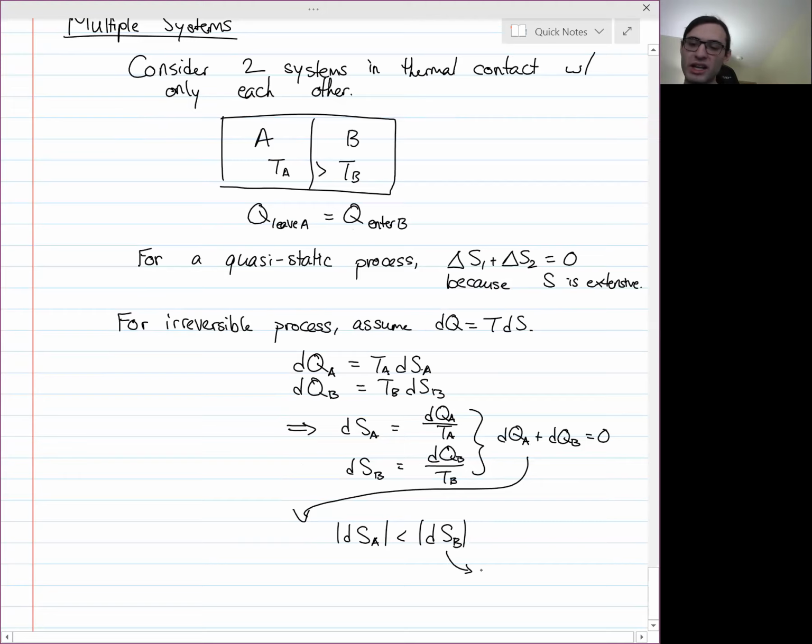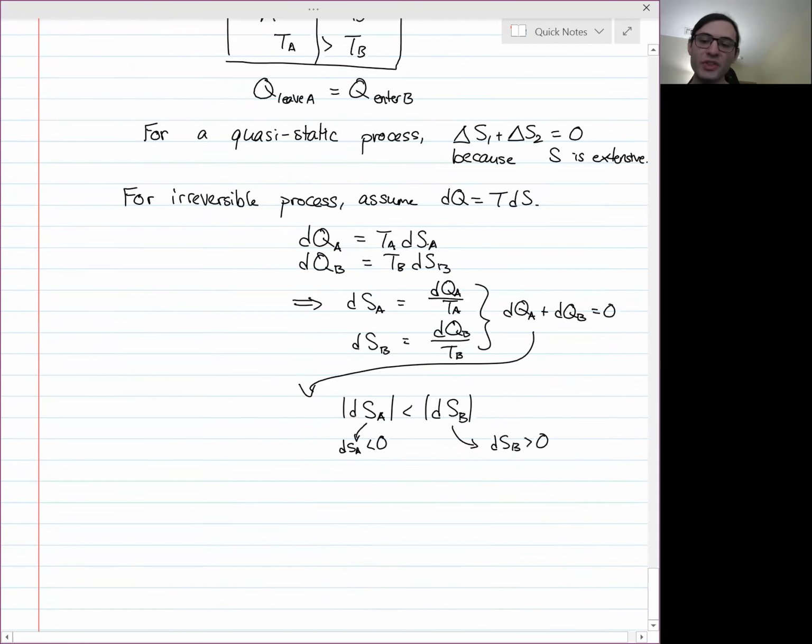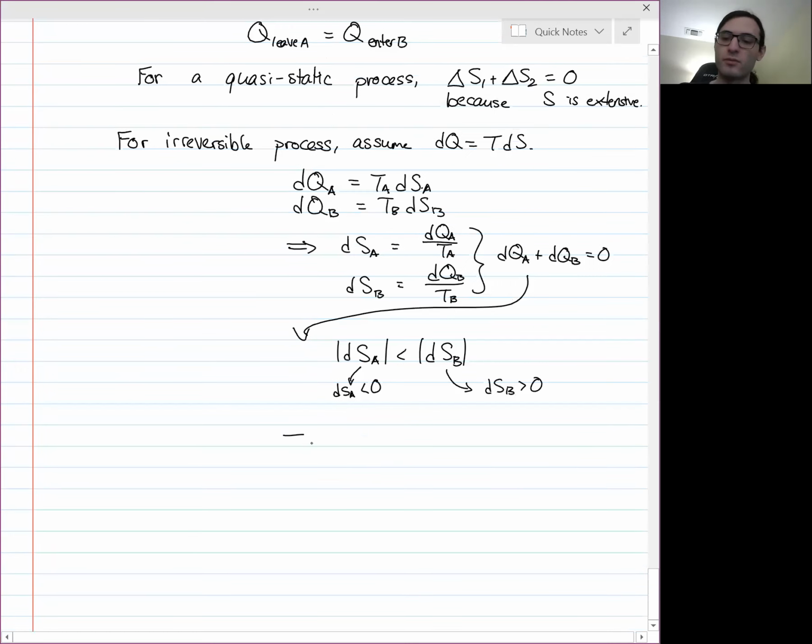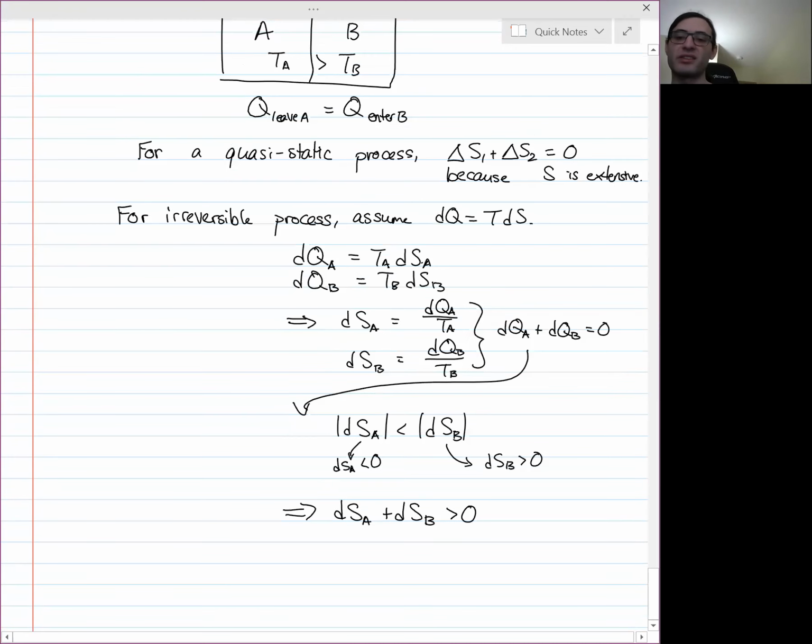And by the way, dS_B without absolute values is greater than 0, dS_A without absolute values is less than 0. So I'm just taking absolute values here. So what this implies is that dS_A plus dS_B is greater than 0. So we get a contradiction.